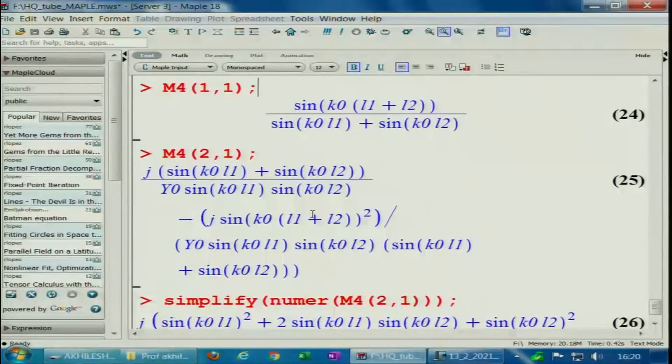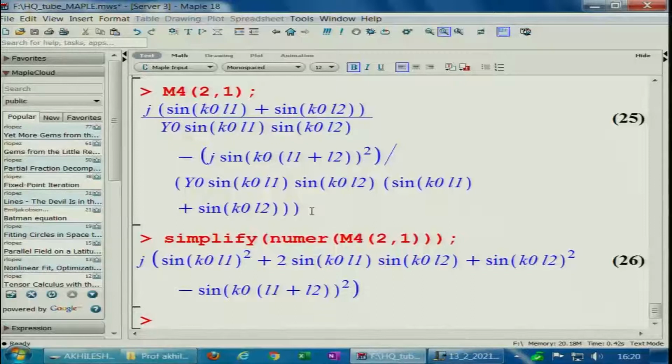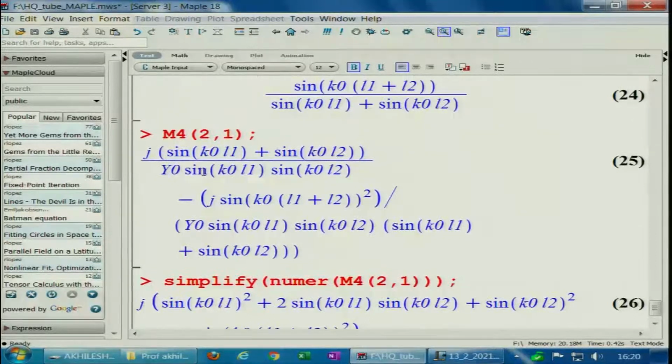Once you simplify this expression, after some standard algebra, what you will figure out is that this expression can be straight away written in the following form, and you have your S1 and S2 also in the denominator. I am sorry, which is basically here.